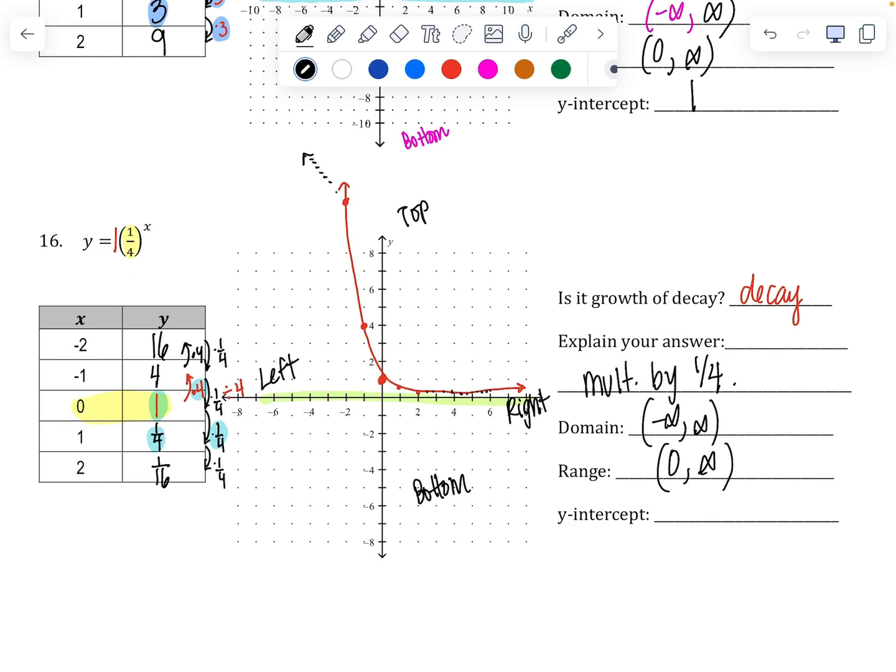I always read it from bottom to top, from the lowest y value, which is 0 to infinity. But I do get your point where it's decay. Can I get back to you? If you read it from left to right, it's correct, because your x values are from left to right, which is negative infinity to infinity.